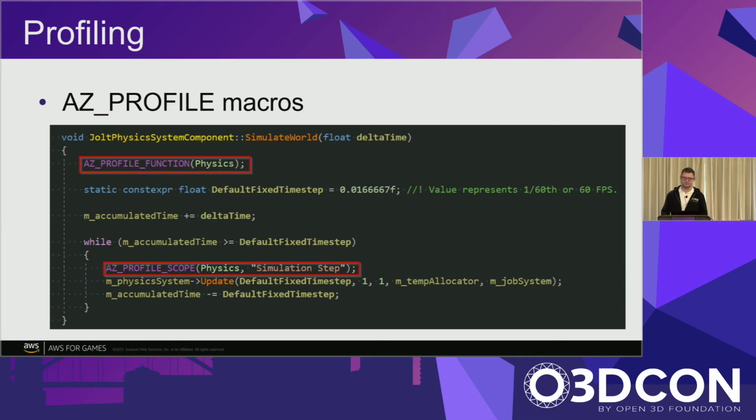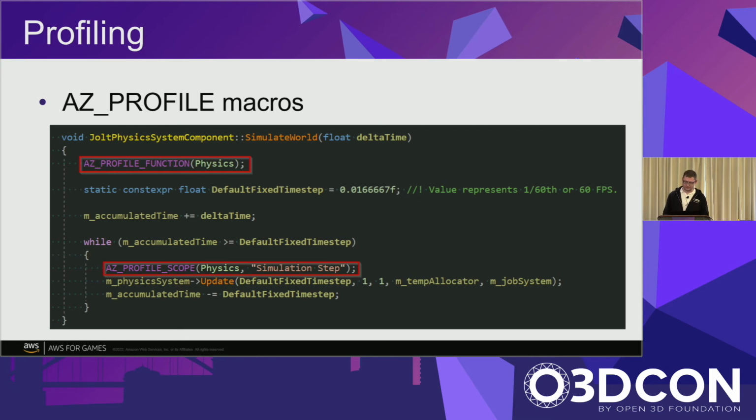Apart from just using standard sampling profilers, you may also want to add some instrumentation to your code. In O3DE, for that we have the AZ profile macros. There are a few of them, and I'll just focus on a couple of the main ones: AZ profile function and AZ profile scope.